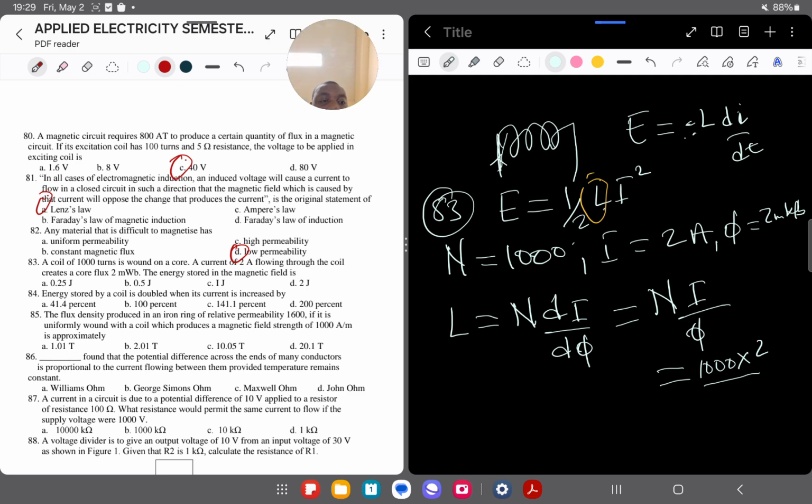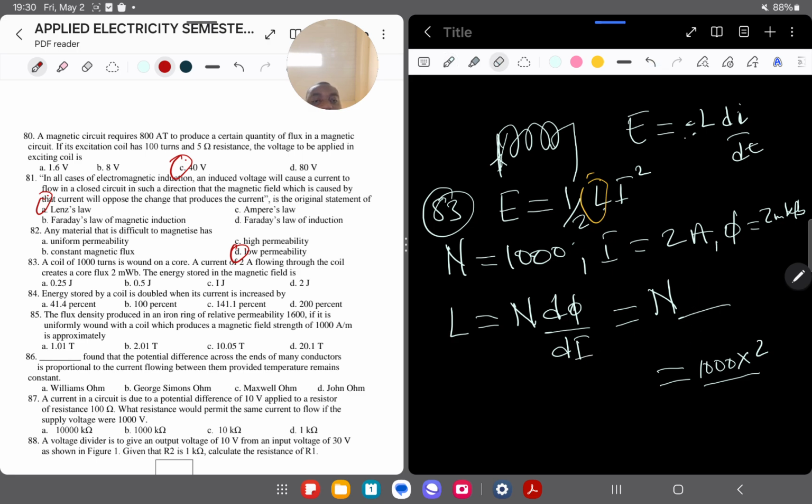And I think I probably wrote this formula wrong. The formula for this is rather the other way. I think it's a change of flux. Okay, just a minute. The formula here is a change of flux rather over current.